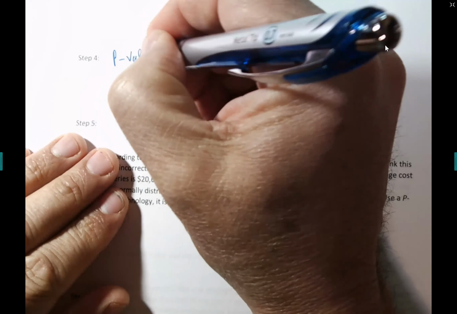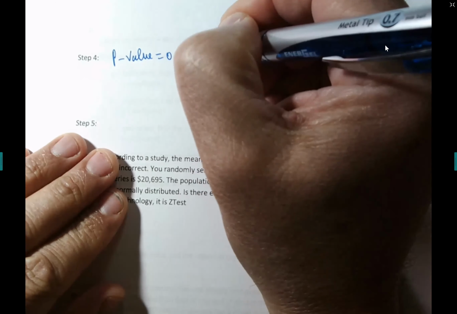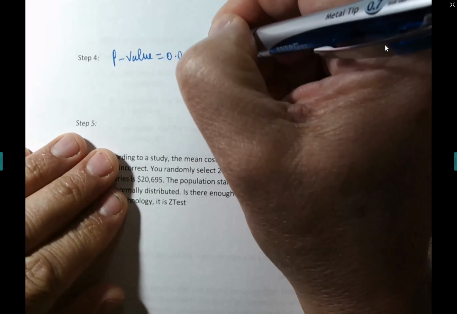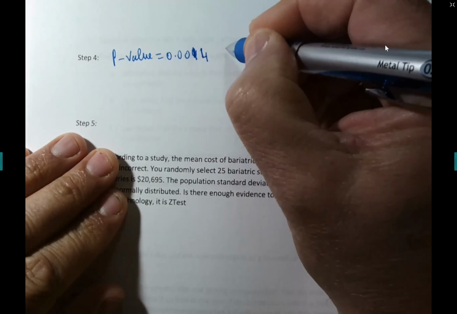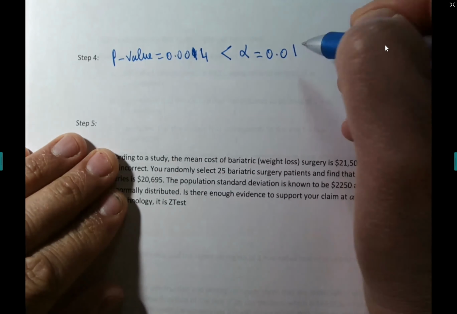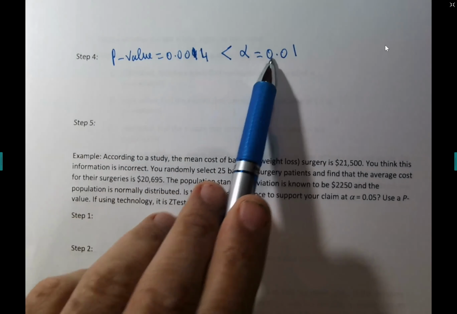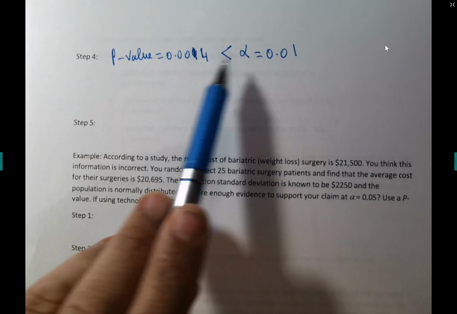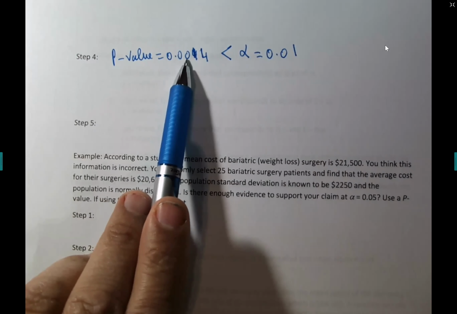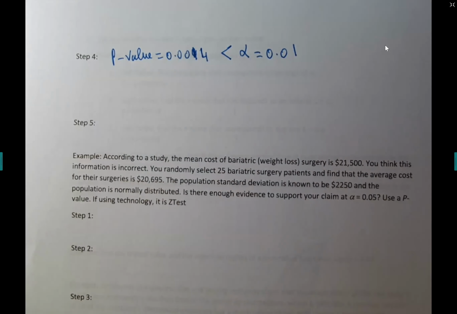P-value is 0.0014, I'm sorry. Do you guys agree with me that this is less than alpha? How do I compare? 0 equals 0, 0 equals 0. Here I have a 0, the second digit after the decimal, here I have a 1. So this is less. So what's your decision, guys?